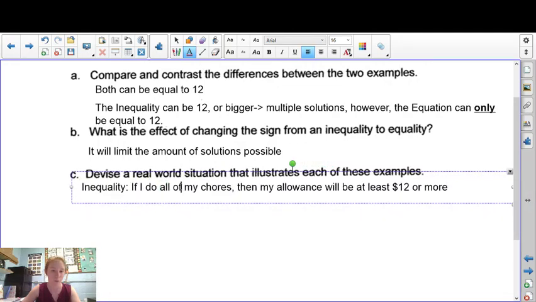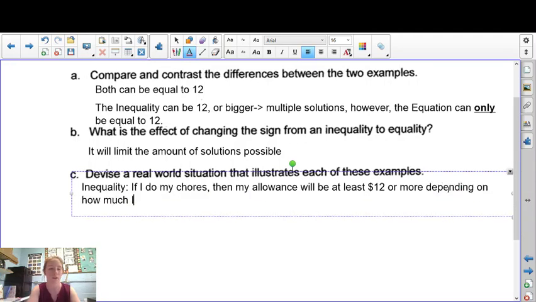If I do my chores, my allowance will be at least $12 or more, depending on how much I do.